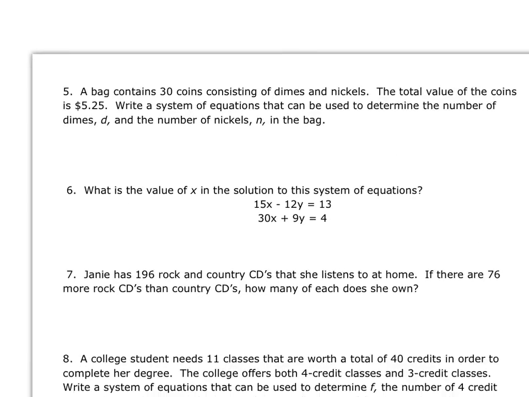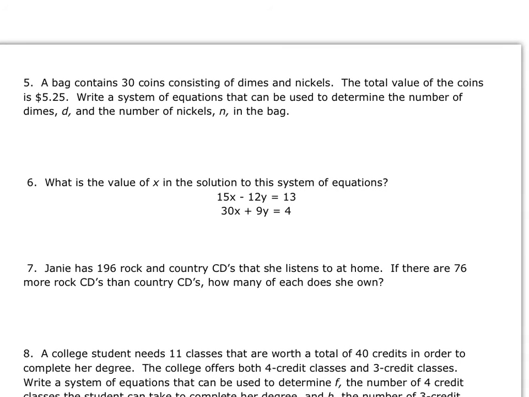Let's take a look at problem number 5. Problem number 5 says, a bag contains 30 coins consisting of dimes and nickels. Right? Real life problems right here. The total value of the coins is $5.25. I want to write a system of equations that can be used to determine the number of dimes, D, and the number of nickels, N, in the bag.